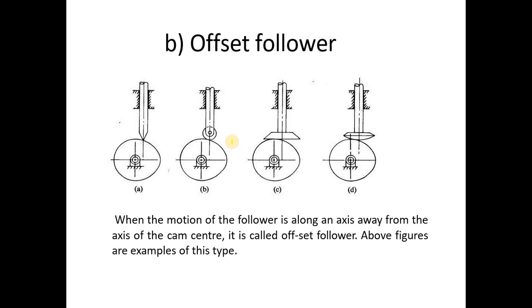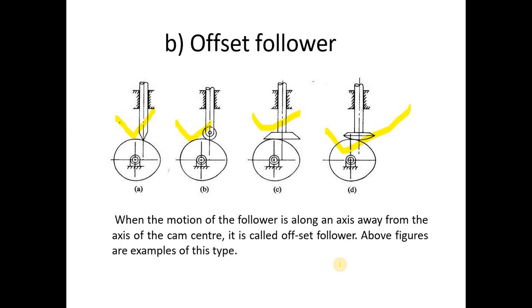Next is the offset follower. Look at this. In this particular case of offset follower, you can see the axis of the knife edge follower, axis of the roller follower, axis of the flat faced follower and axis of the spherical faced follower are at some distance, that is, they have an offset from the center of the cam.